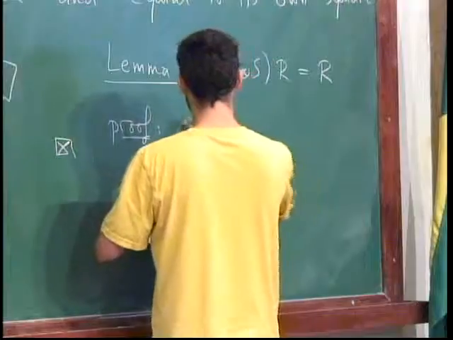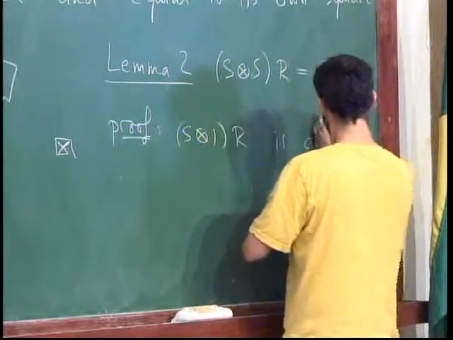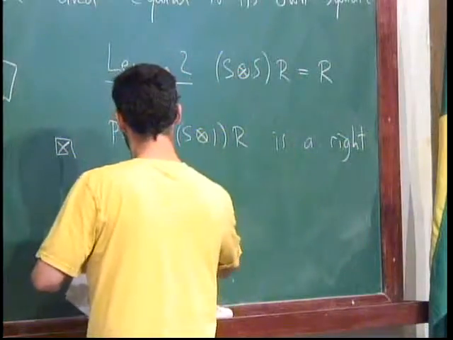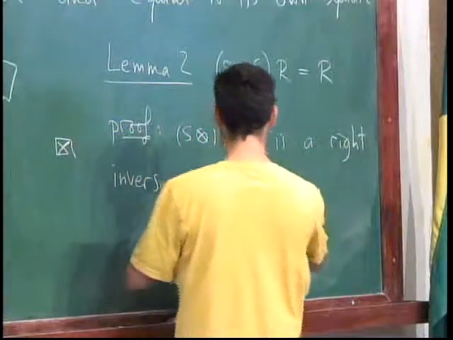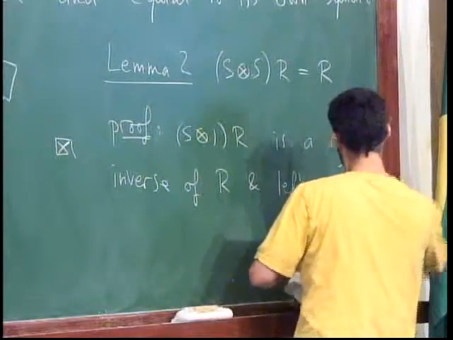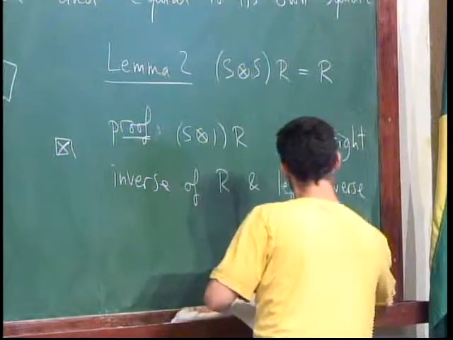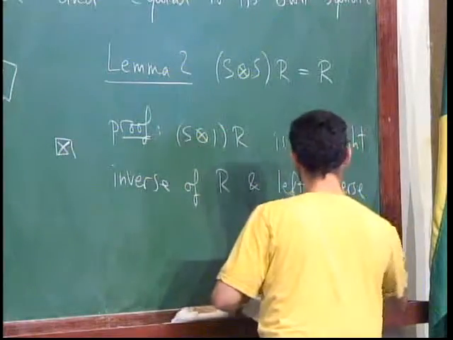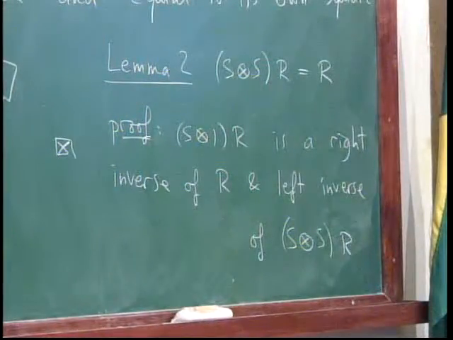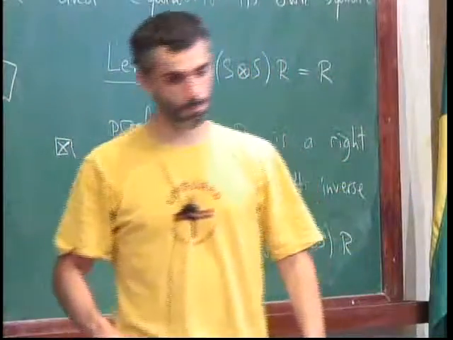Namely that S tensor 1 applied to R is a right inverse of R and left inverse of S tensor S applied to R. Well, so if I have these two elements and the inverse of this is equal to the inverse of that, then these elements are invertible.